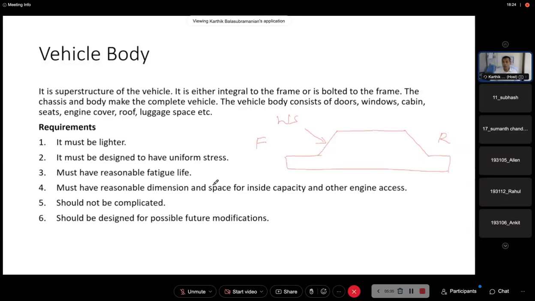You are able to see what I'm drawing, right? Yes, sir. So you have something like this. This is called the A pillar. This is the B pillar, and this is called the C pillar.